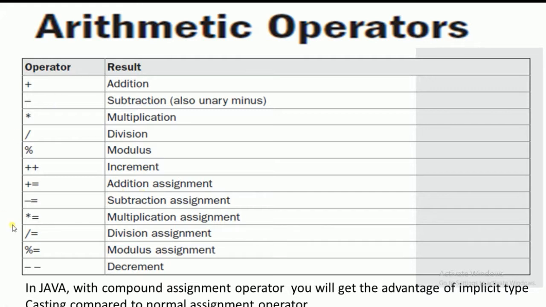That means instead of taking a is equal to a plus b, we can take a plus equal to b. And this plus equal to works in a different way compared to a is equal to a plus b in Java. That we will see with an example. What is the difference between that plus equal to and normal a is equal to a plus b.